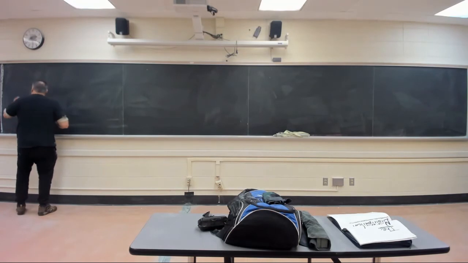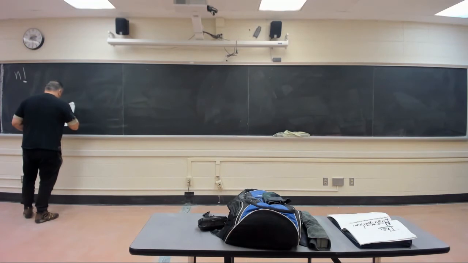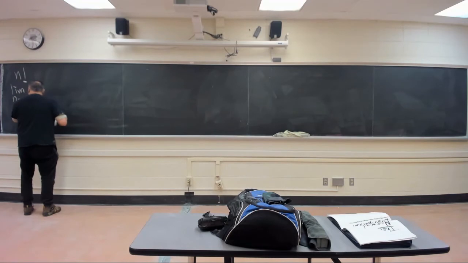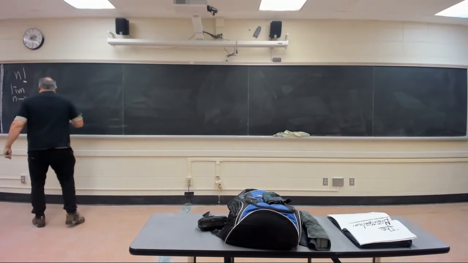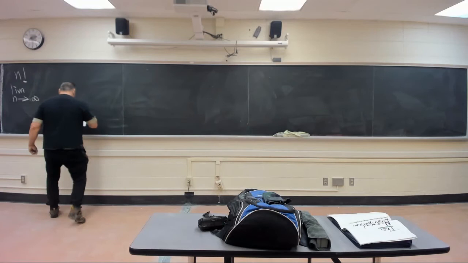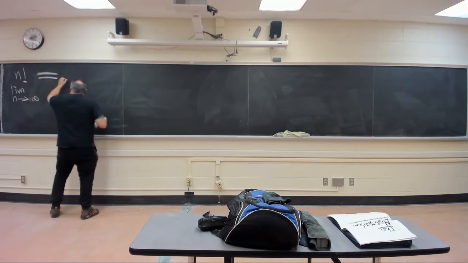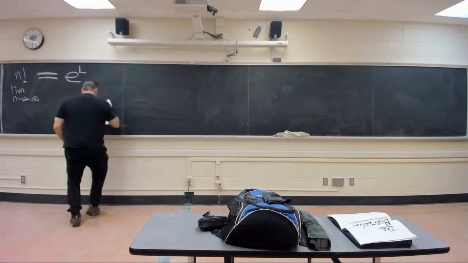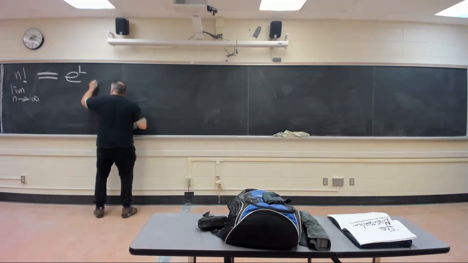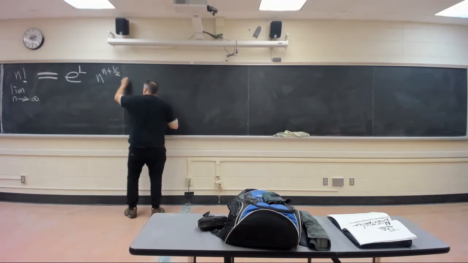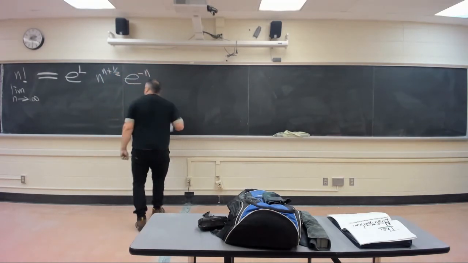So when they were saying, limit n goes to infinity, n factorial, e to the L, and there it is. Okay, you've seen it.